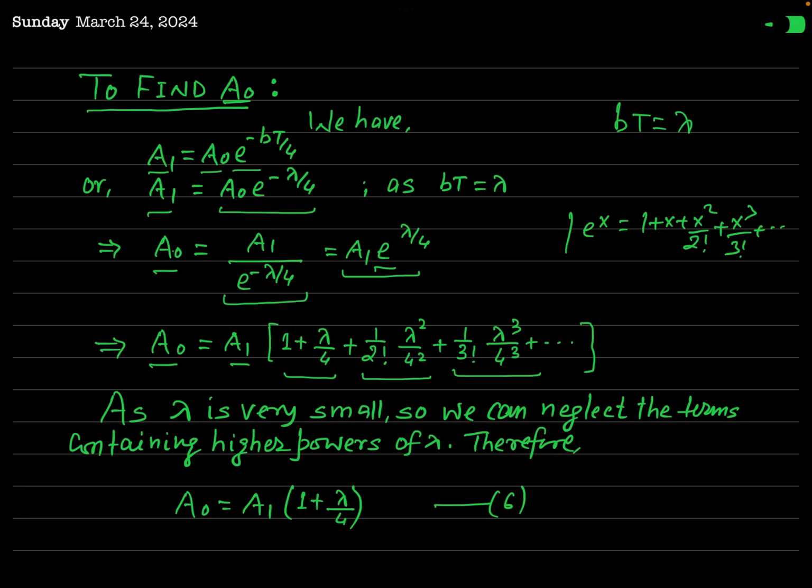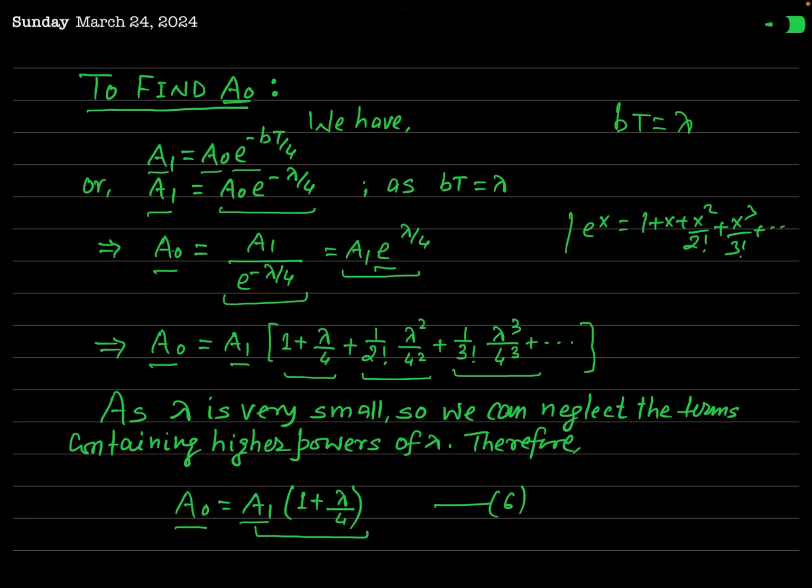So since lambda is very small, all the terms inside this expansion of e to the power lambda by 4 containing the higher powers of lambda can be neglected. So neglecting all the terms containing higher powers of lambda, what will be your result? Our result will be a naught equal to a1 times 1 plus lambda by 4.